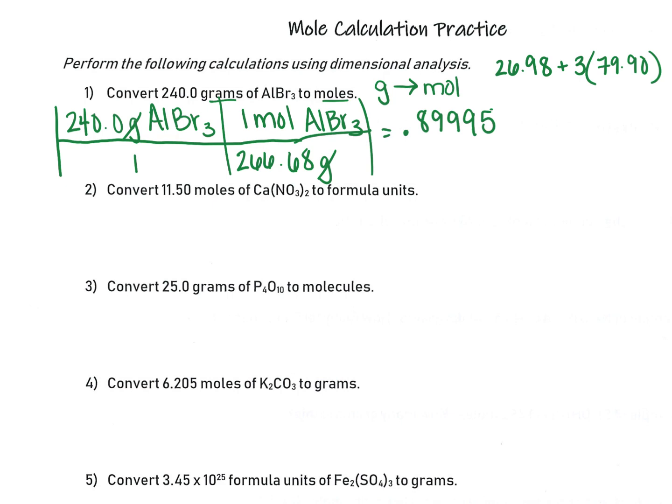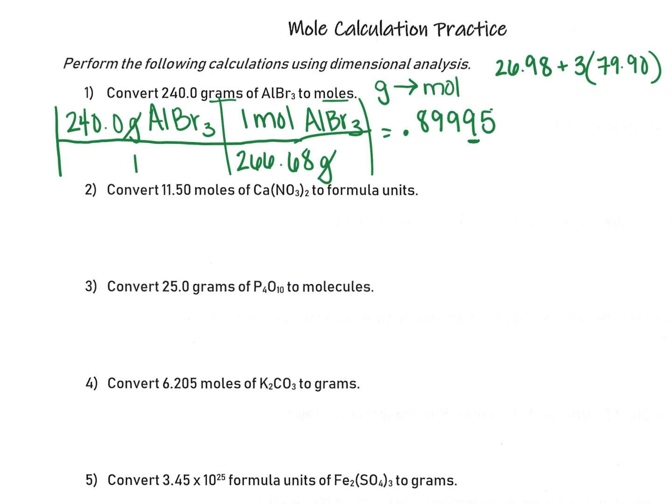Last step is we're just going to round to sig figs. How many sig figs are in 240.0? 4. 1, 2, 3, 4. Okay. How many are in 266.68? 5. How do you know which one your answer is? The lesser. So 4 sig figs for your answer.